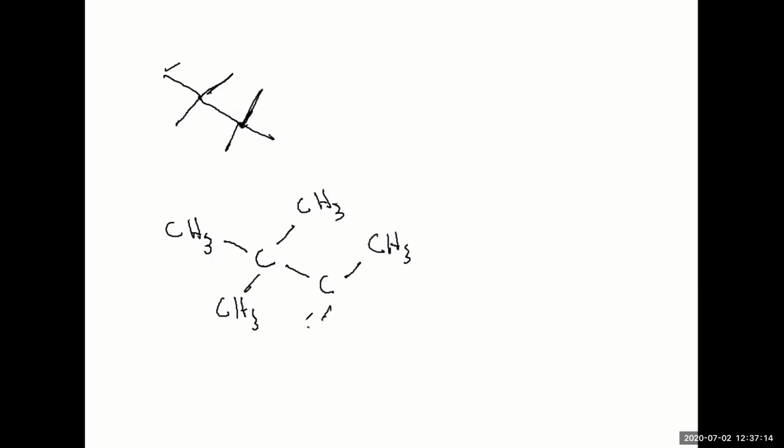Okay, so this one, let's start here, CH3, and then this is bonded to C, and then that's bonded to a CH3, and then that's bonded to another CH3, and then that's bonded to this carbon here, so we'll write the carbon here, and then that's got a CH3, CH3, CH3.